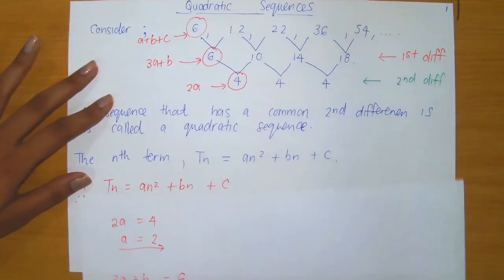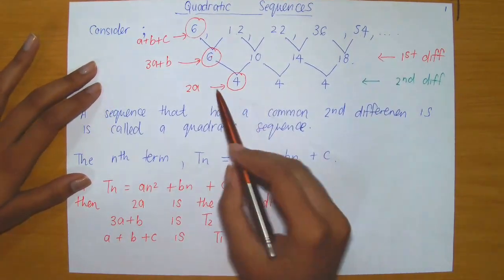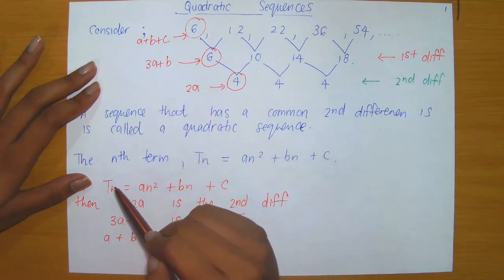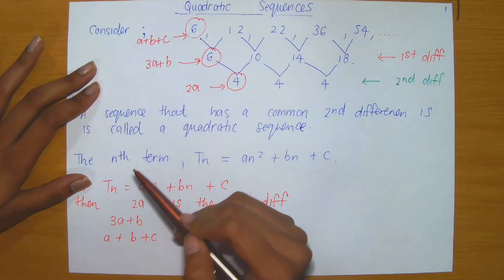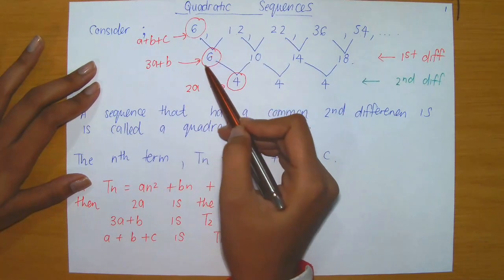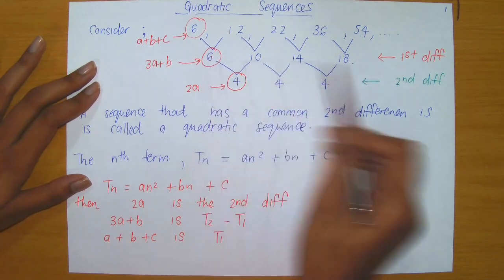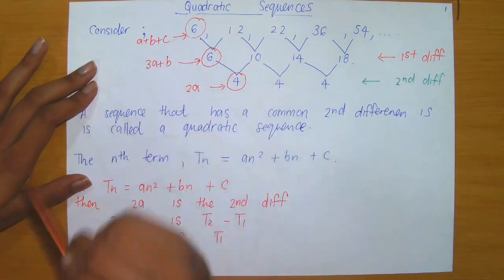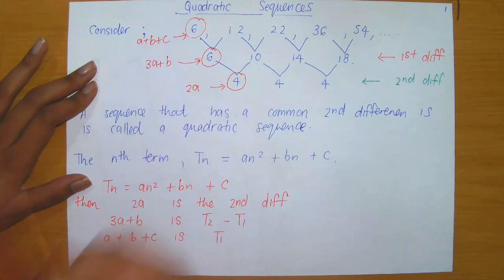Right, so keep in mind, whenever you have a sequence with a second common difference, that second common difference is equal to 2 times a. You then have that t2 minus t1, that first difference, the first one in the line, is equal to 3a plus b, and the first term in the original sequence is equal to a plus b plus c.